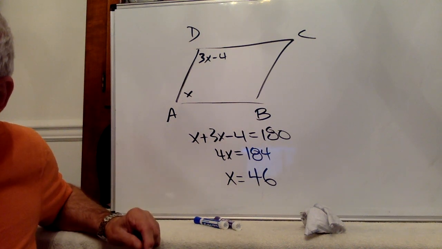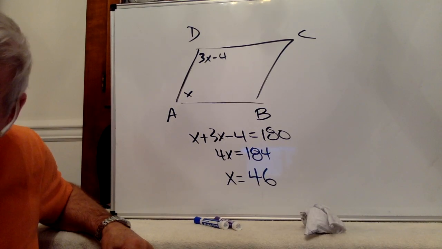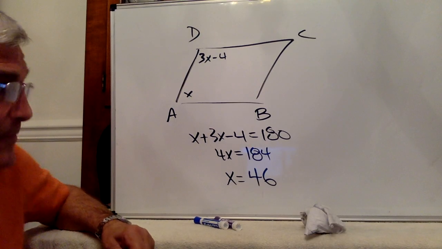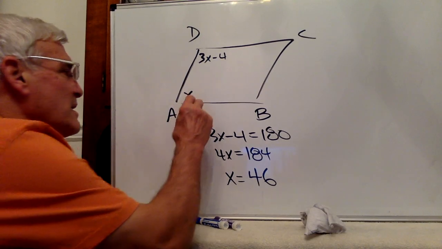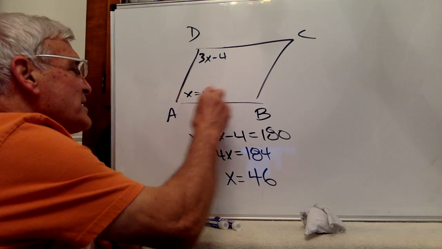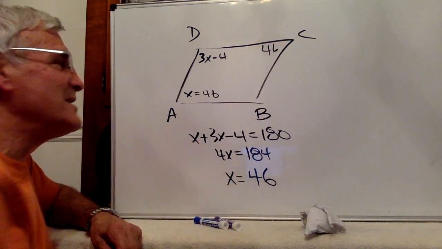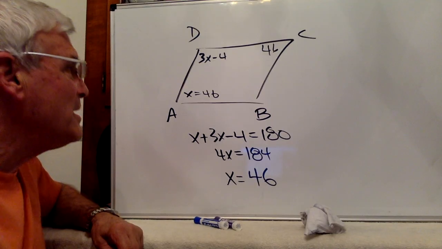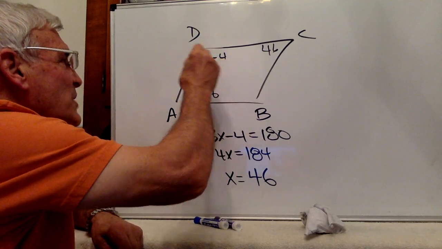That is correct, but they didn't say just solve for x. They said find the measure of angles D and C. All right, well, if this is 46, I know that's 46. Opposite angles of a parallelogram are congruent. And consecutive angles are supplementary.